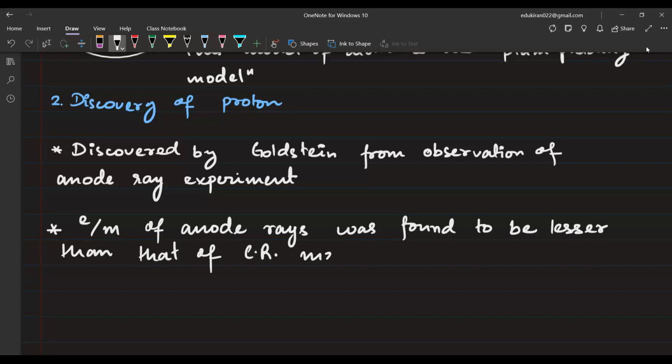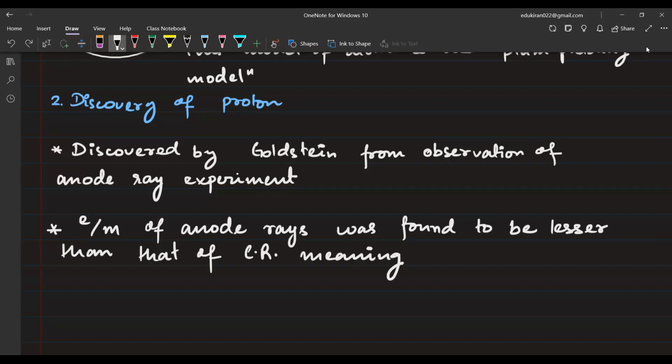What does it mean? Now, if the charge by mass ratio is less, that means this anode ray must have high mass. That is why the ratio is less.